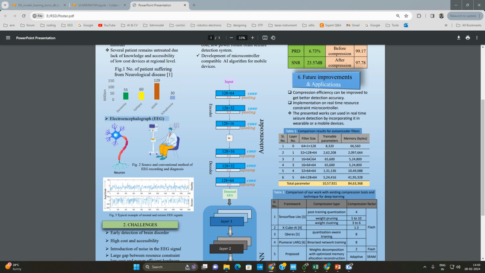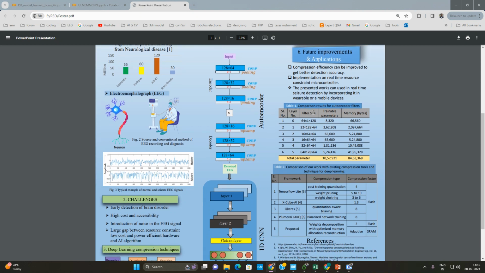In table 1 you can see the compression results for this autoencoder. Originally it was near around 1 million parameters, and after compression we reduced it down to 8 lakhs and something, so it's near around 24% compression.